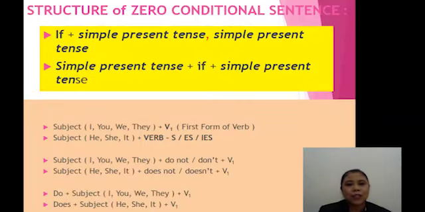Now let's see the structure of zero conditional sentences. If clause: if plus simple present tense, and then simple present tense. Or if you put the main clause in front, the structure will be simple present tense, if, and then simple present tense.